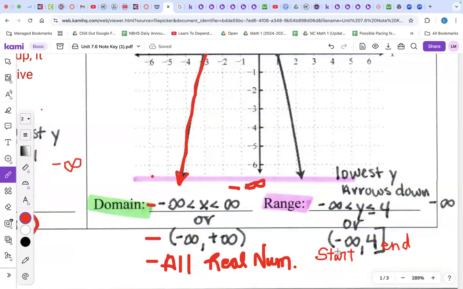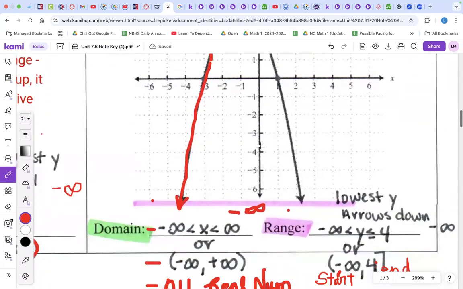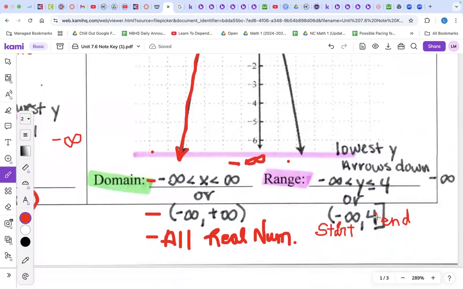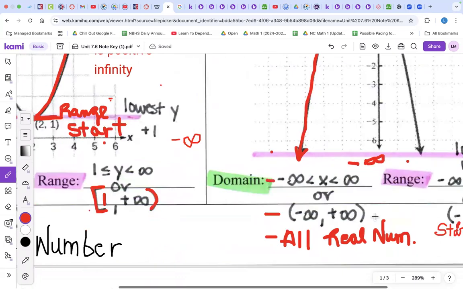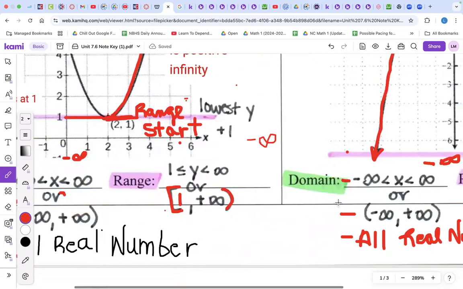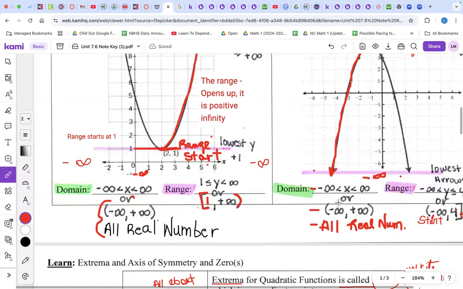All right, so it starts at negative infinity, ends at 4. And that's when it opens downward, or when your curve is on the top. And we always put the smallest number first. Smallest first.